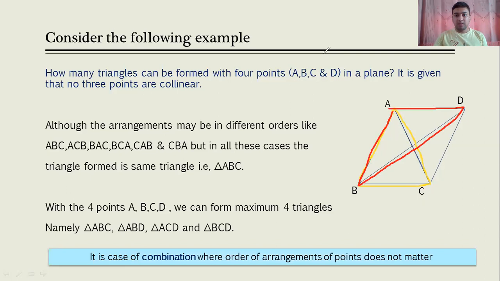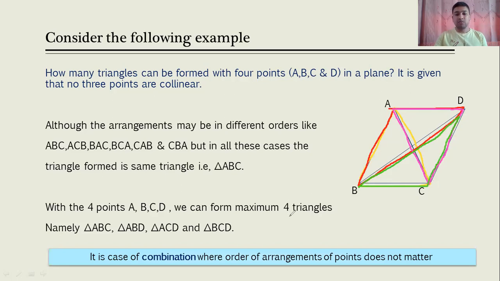Now the third triangle will be, can we say A, C and D? Yes. And the fourth triangle, which one is remaining? It will be BDC, or we can say BCD.